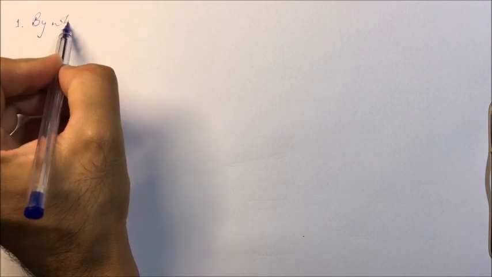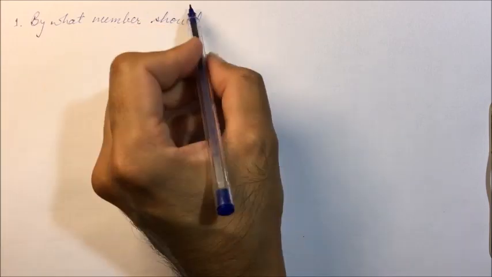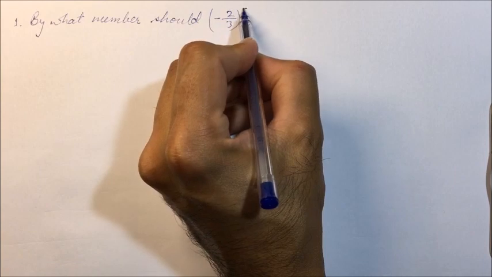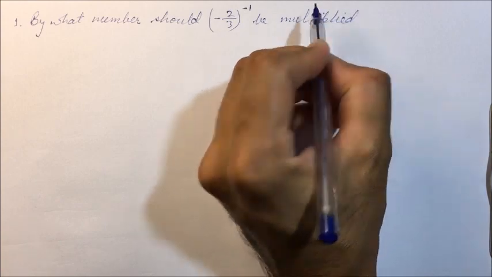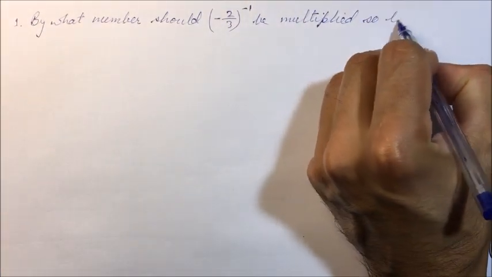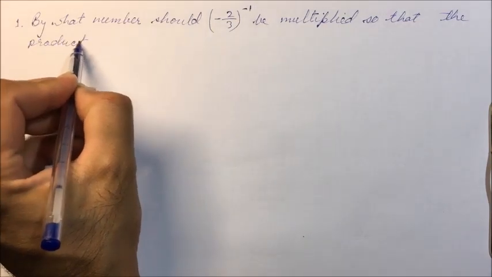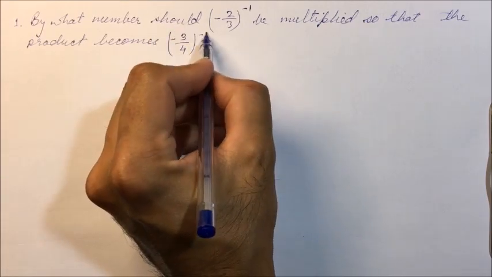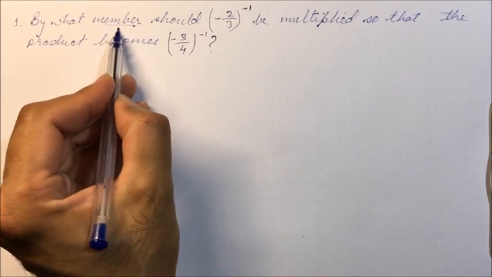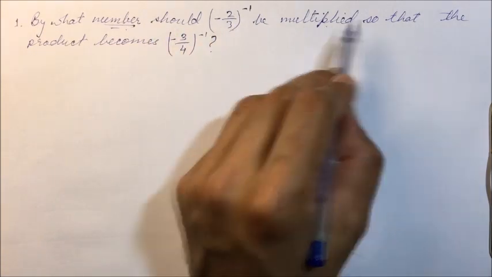So first question: by what number should (-2/3)^(-1) be multiplied so that the product becomes (-3/4)^(-1)?